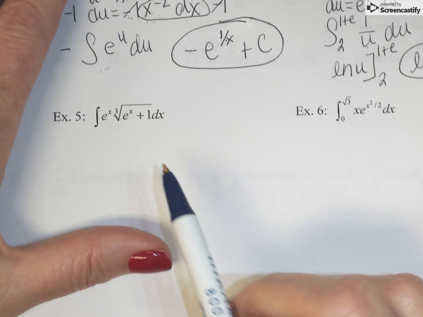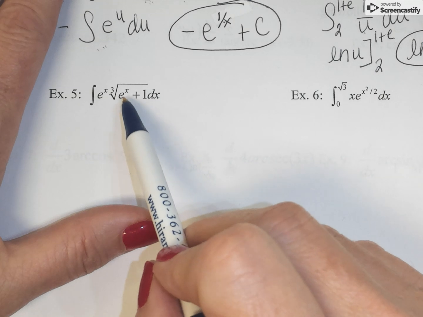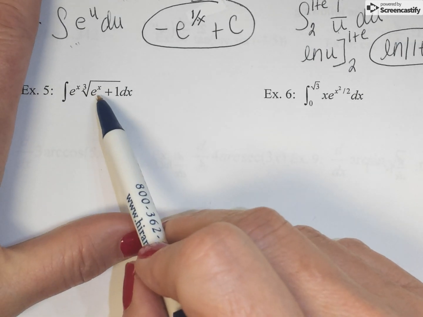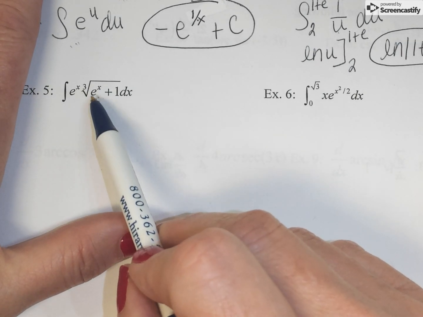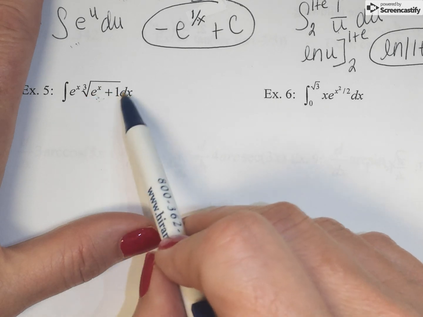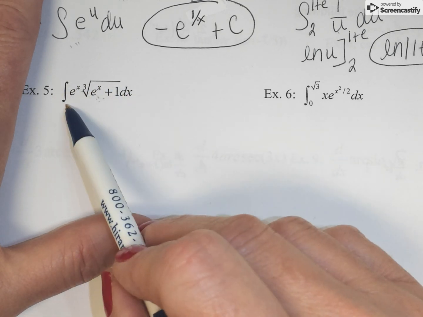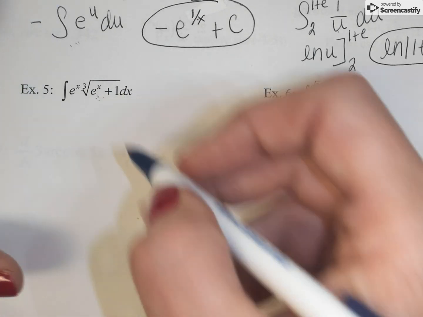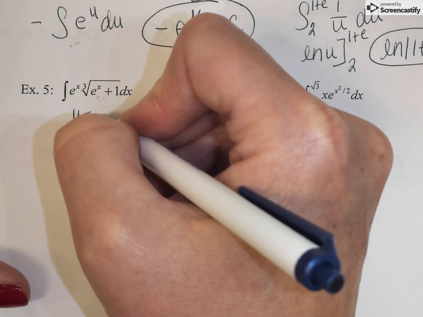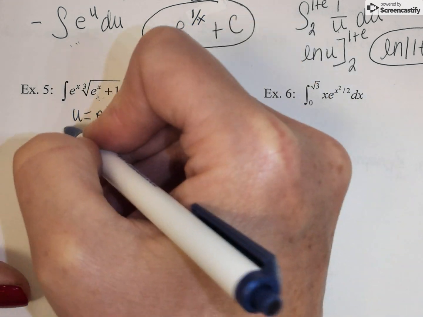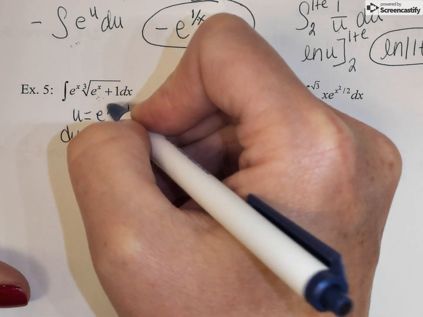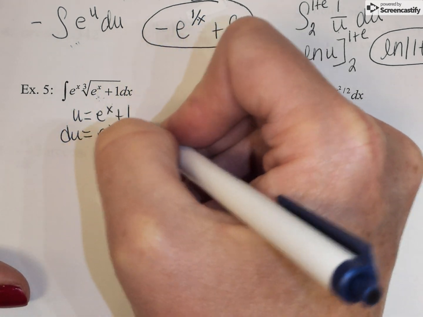All right. On example 5, on this one, we're going to have to think ahead as to what we want u to equal. So to get the u value, we need the derivative of the u to be equal to the other part of the expression. So if I let u equal what's under that radical, then du, that derivative, is just e to the x dx.